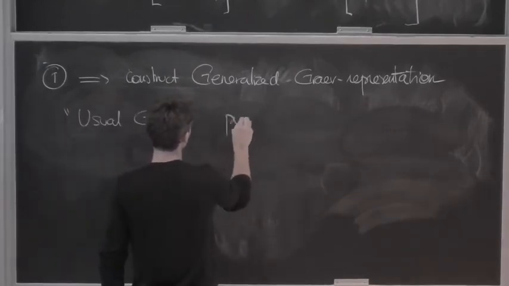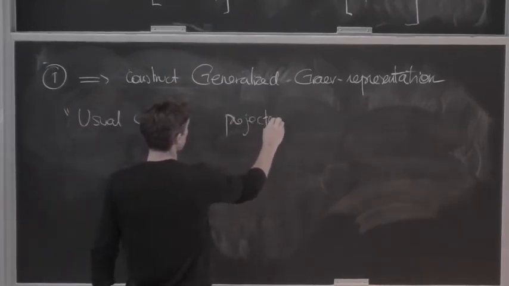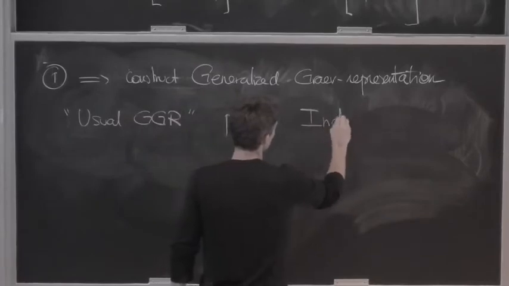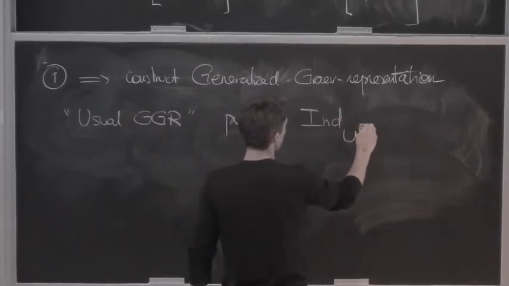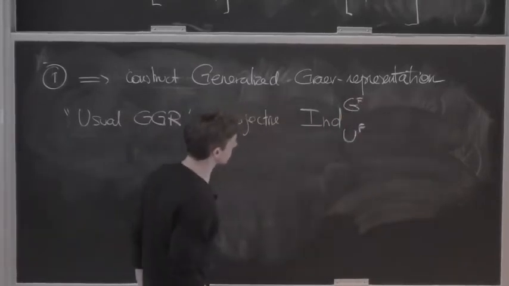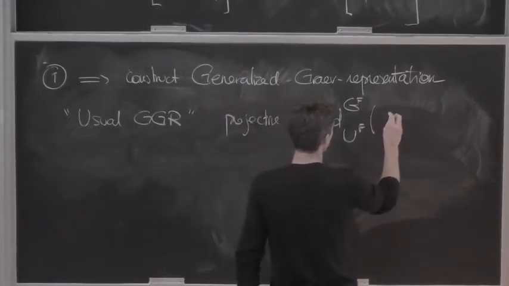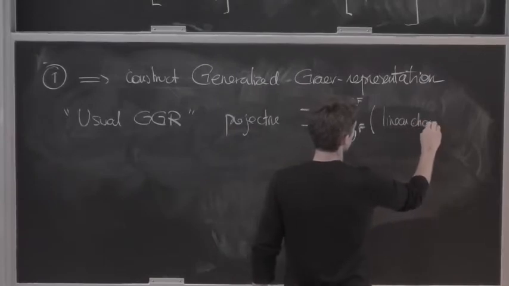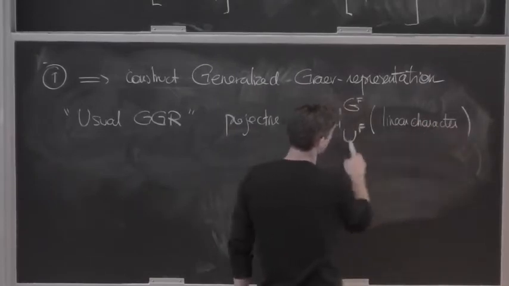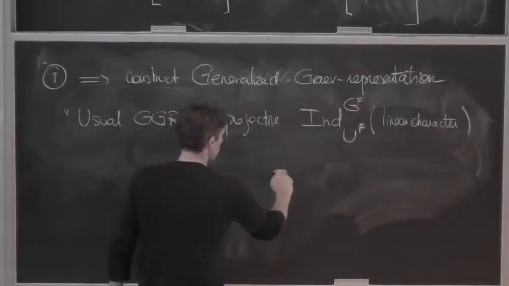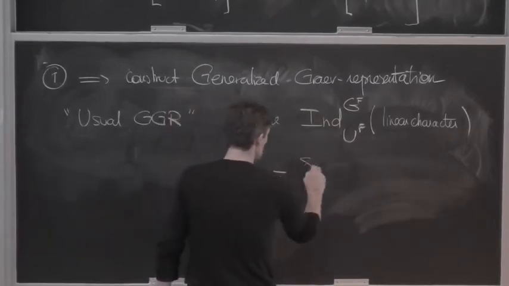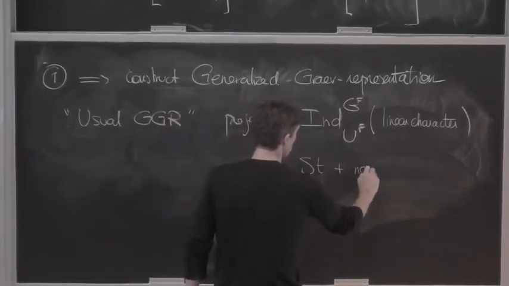It's some projective module which is induced from a unipotent subgroup to G of some linear character, which is regular enough on the simple roots. And this one has actually character the Steinberg plus non-unipotent.